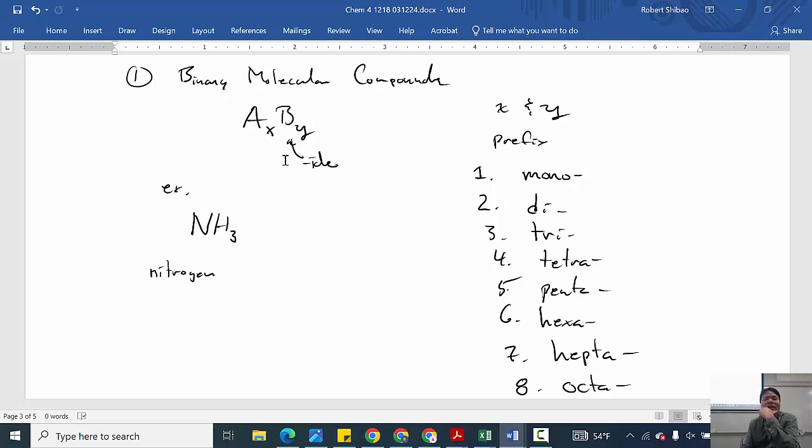But A is normal. And XY, we use the prefix. So we could call this mononitrogen, but oftentimes we drop the mono. And so we'll just call it nitrogen. And then how many? Tri, and then we don't call it hydrogen, we call it hydride. So this is called nitrogen trihydride.